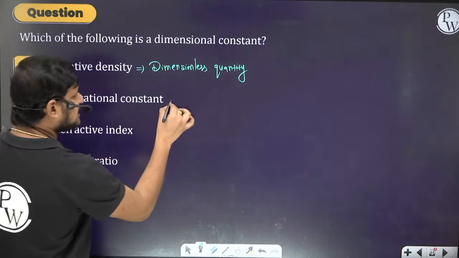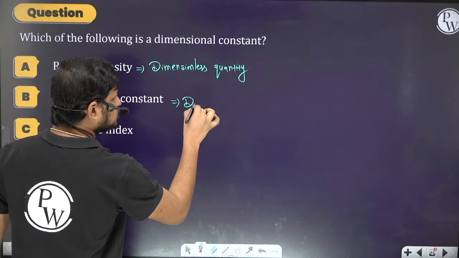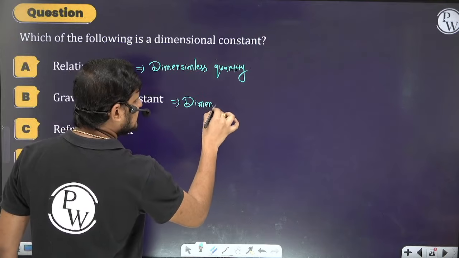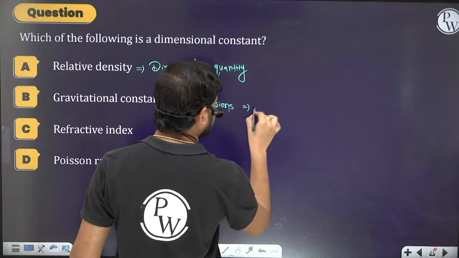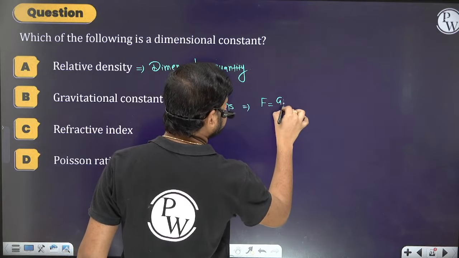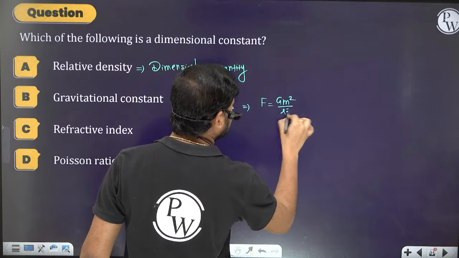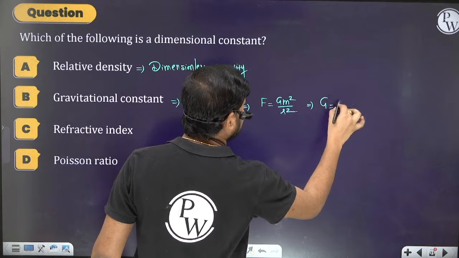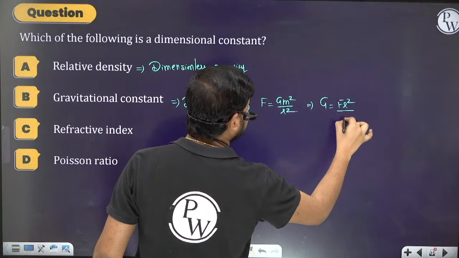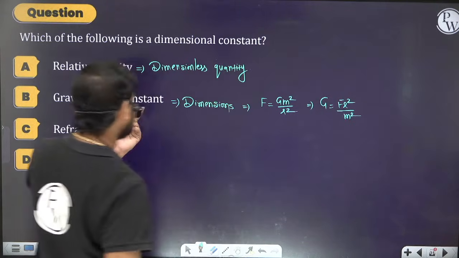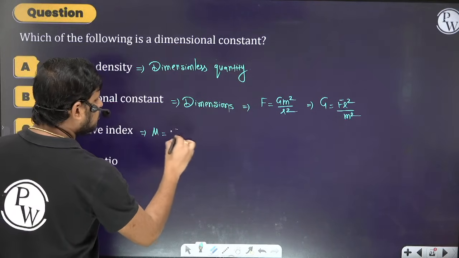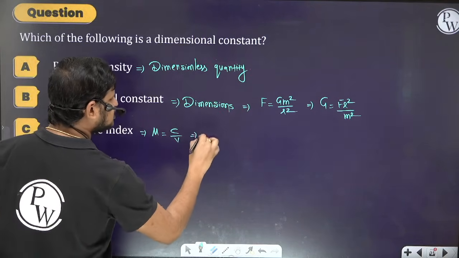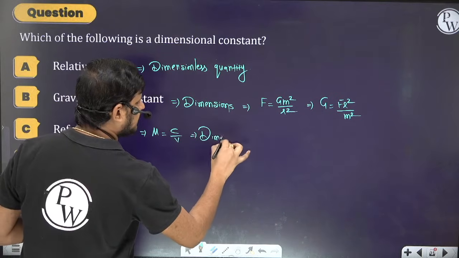The gravitational constant has a dimensional formula. We can write F equals G m square by R square. From here you can write G as F R square by m square. We already derived the formula, so this will have dimensions. As I said earlier, refractive index has no dimensions, so this is also a dimensionless quantity.